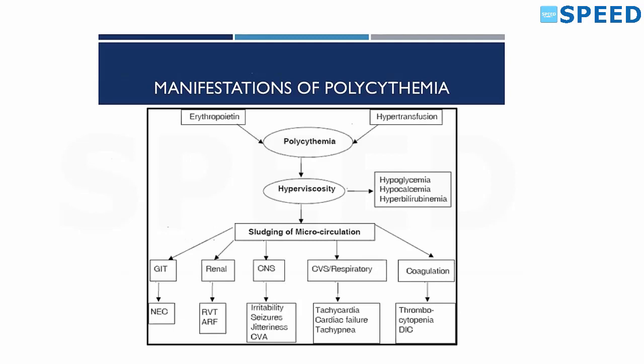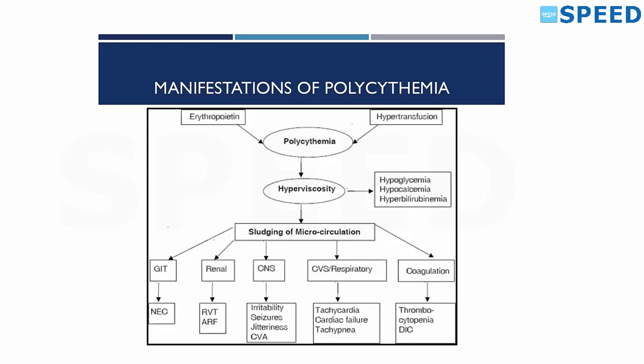So, if you look into the manifestations of patients with polycythemia, the pathophysiology mainly revolves around the hyperviscosity which is caused by polycythemia. Hyperviscosity results in a situation where the cell will eat up more of glucose and calcium, thereby resulting in hypoglycemia and hypocalcemia. Increased red blood cell turnover results in hyperbilirubinemia.